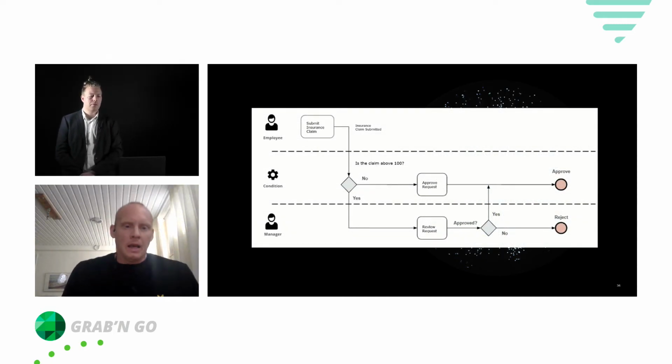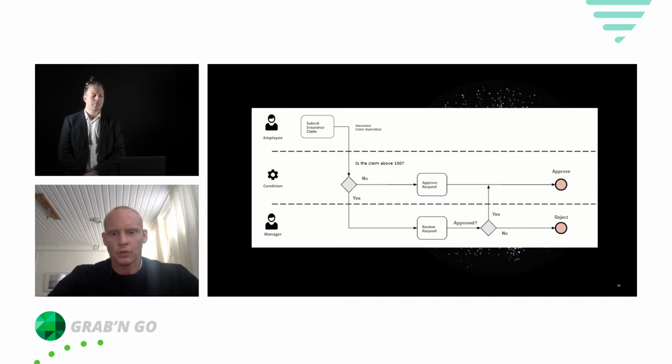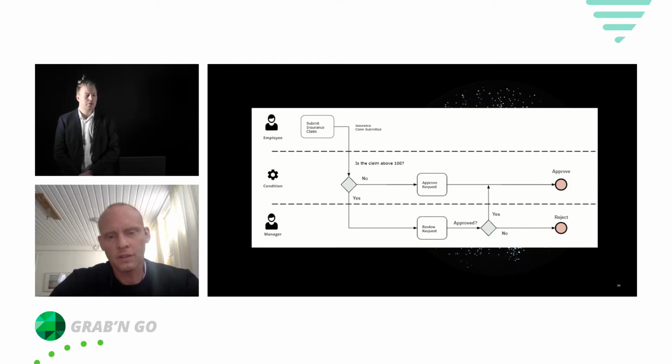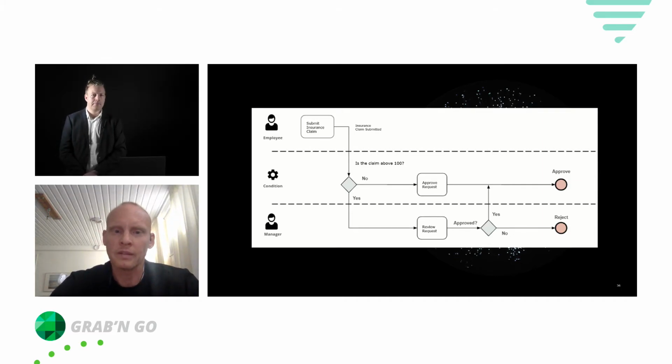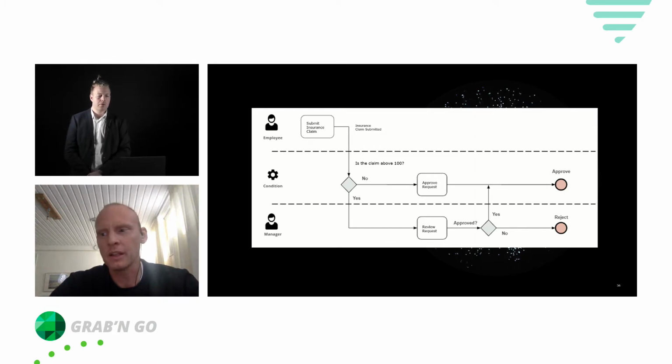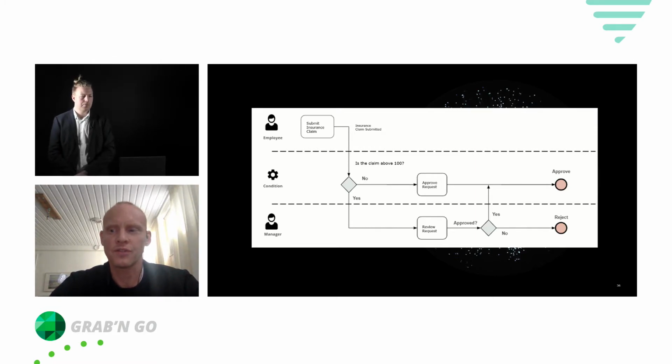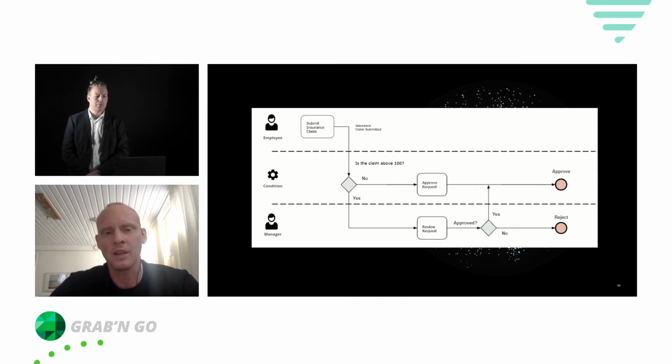So one more slide. Here is what we are going to do in this demo. This is the workflow that we're going to implement. It will be a little insurance application. We have an employee, or someone, it could be anyone, submitting a case. Depending on how big or large that case is, it has to go through some kind of decision process.